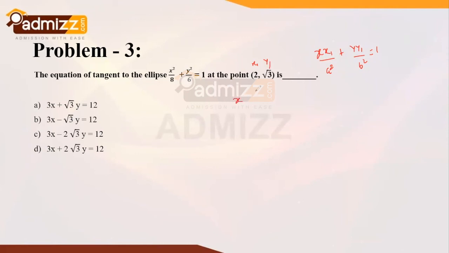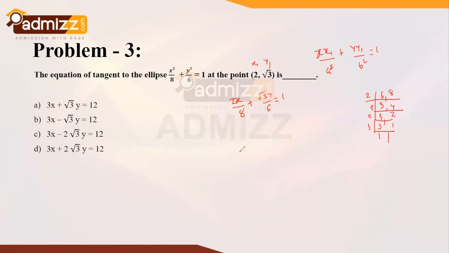So it is x into x1. So it is 2x upon 8 plus root 3y upon 6 equals 1. Now what you can do is you can take the LCM and do the simplification of this. So take the LCM of 8 and 6. So 6 comma 8, with the help of 2 we can take the LCM. 2 into 3, 2 into 4, once again 2, 3 comes down, 2, 3, and then 3 over here, 1, 1.